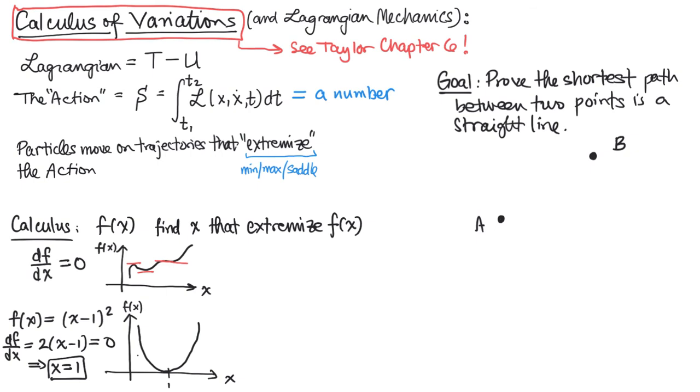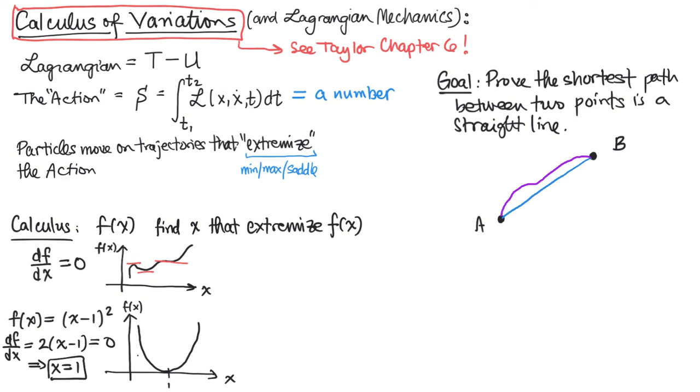So here we're trying to start at A and end at B, and as I said before, we know that the shortest path is the straight line. I'll draw it in blue. But how do we know that? In other words, how do we prove that the purple path is longer? Okay, so that's what we're heading for today.